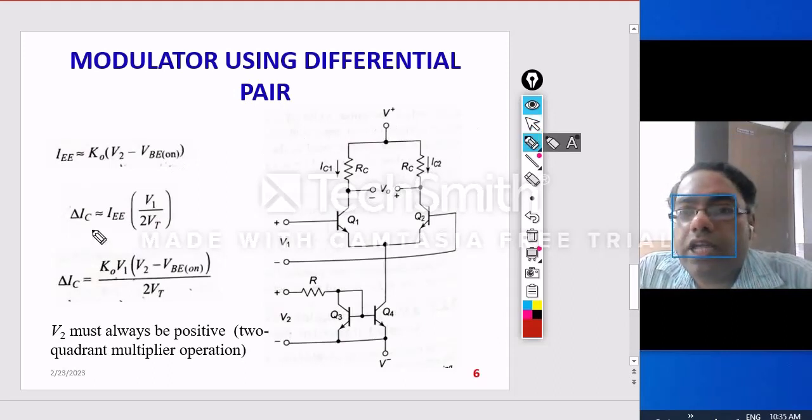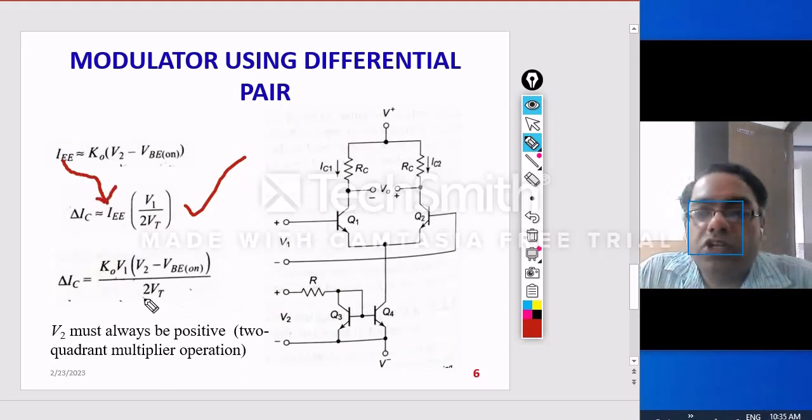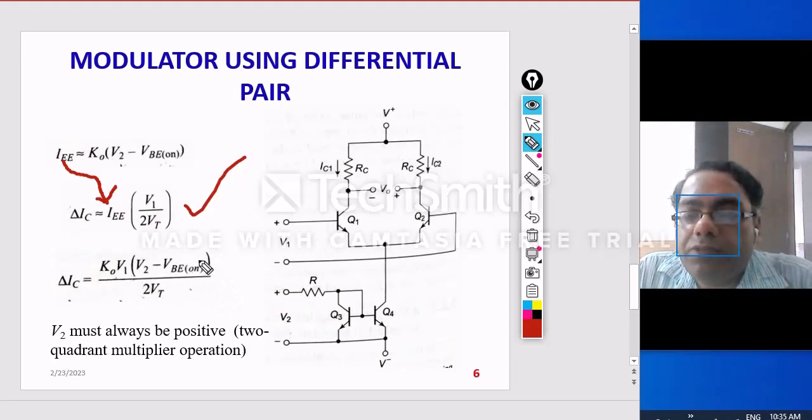So del IC is approximately equal to, now we have already seen that del IC is approximately equal to this. So if we put this value of IW here, we get del IC by this expression. So we see that VBE on is generally less, 0.7 volt. So if we ignore it, then del IC is proportional to V1 into V2, the product of two voltages.